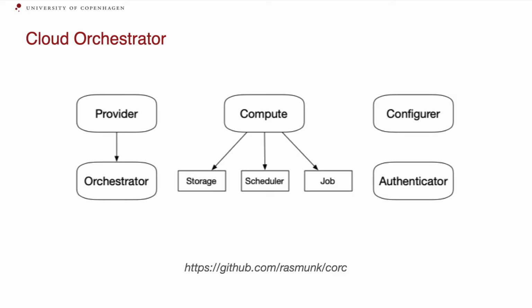So in order to do this orchestration, we decided on using the Cloud Orchestrator, which is an internally developed cloud orchestration framework, which enables us to both define the cloud providers that we want to support, how they're configured, how we authenticate against them, and potentially also be able to schedule other sorts of computational tasks on these resources besides running a Jupyter Notebook.